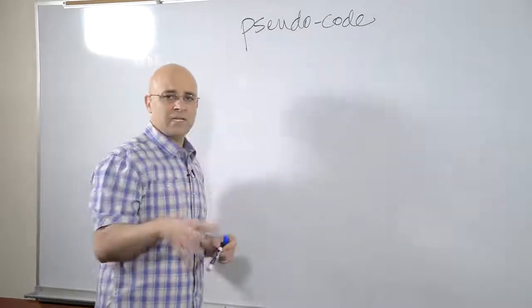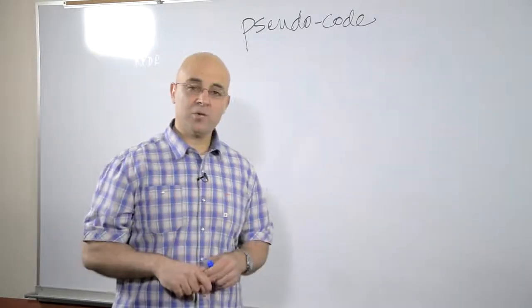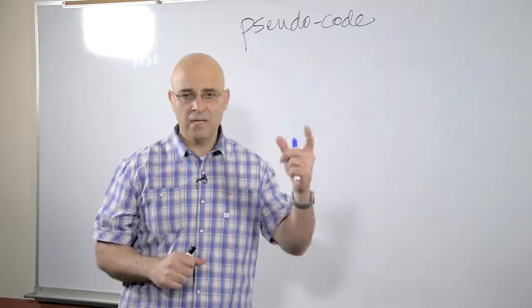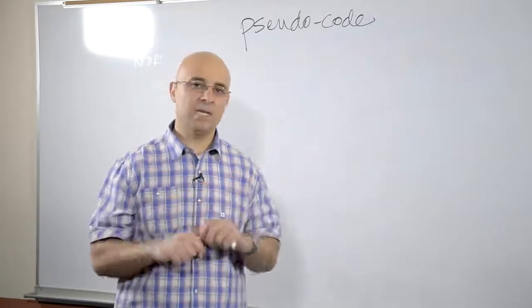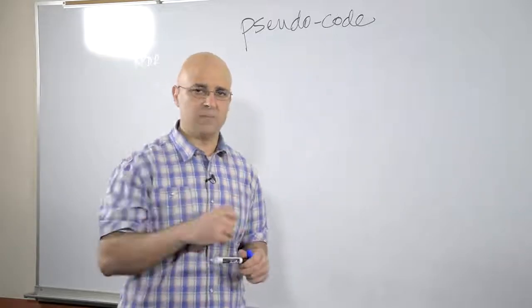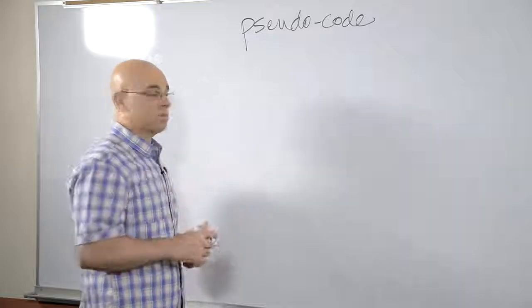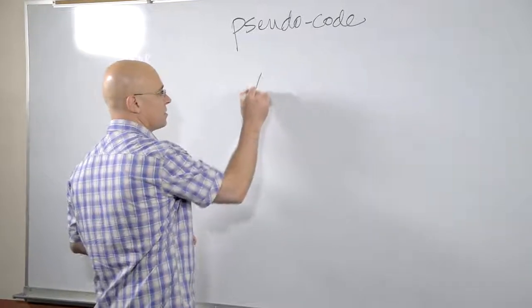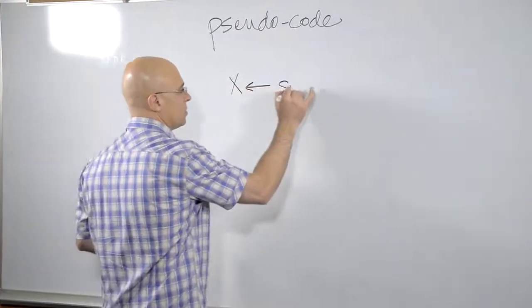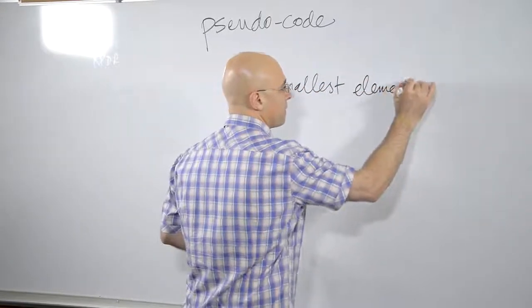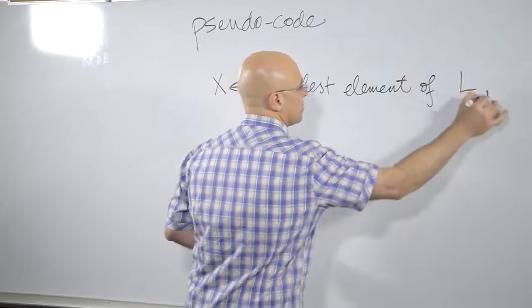Suppose I'm writing an algorithm or a piece of program, and somewhere there I have a list L, and I want to find the minimum element in that list. Okay? The smallest element or a smallest element in that list. So here's one way I would write it in pseudocode. I say x is the smallest element of L. Okay?